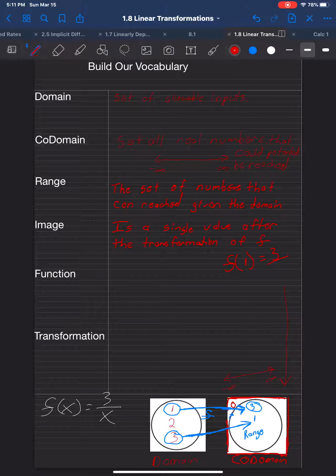Now, a function, right? A function, f, is just the rule that we use to map. So f, that's our function. Not f of x, right? It is true f of x, because we have the input of x. But the function f is the rule that transforms the domain of all x to f of x.